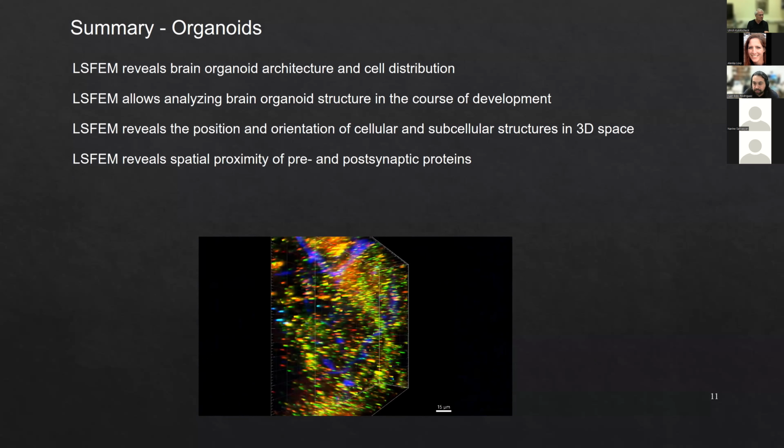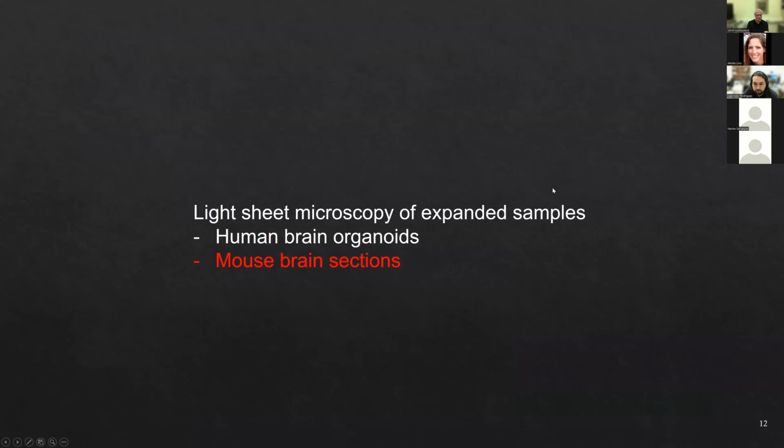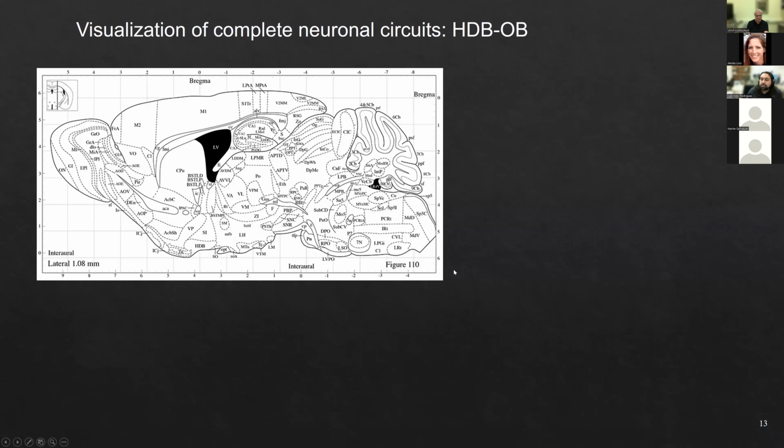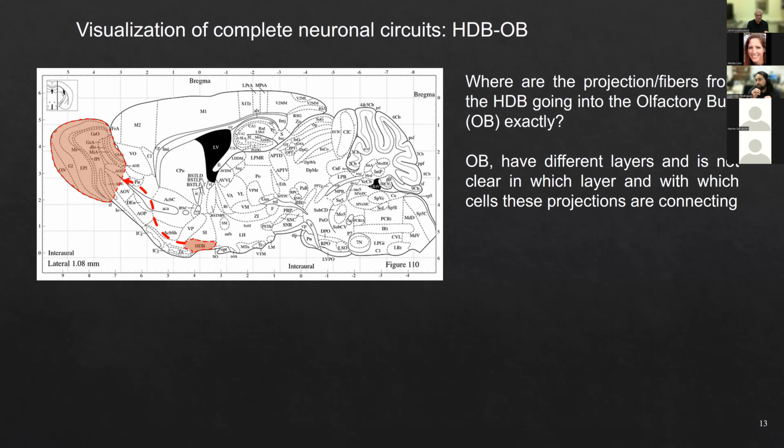So the next example is with mouse brain sections. In this case, what we wanted to see is a long connection between the HDV and the olfactory bulb.